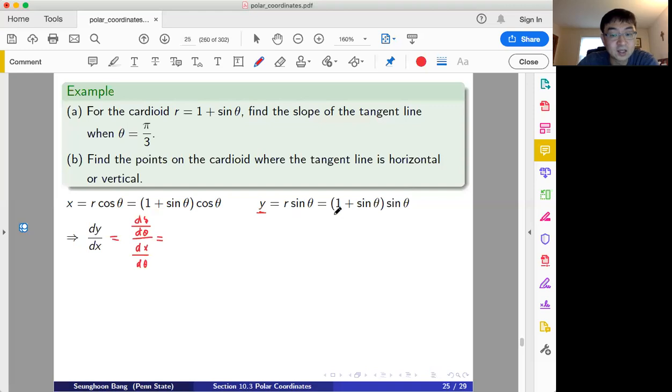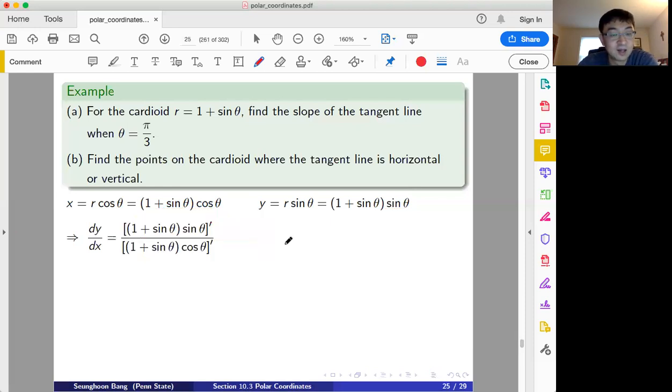The y is here: ((1 plus sine theta) times sine theta)' over dx/d theta, which is x prime: ((1 plus sine theta) times cosine theta)'. Like this, so we have it.